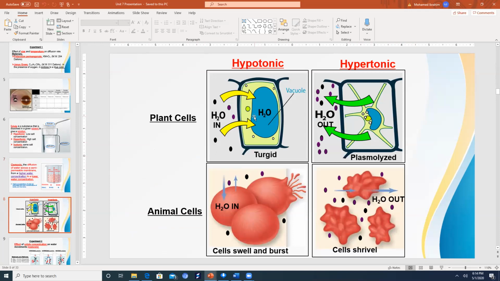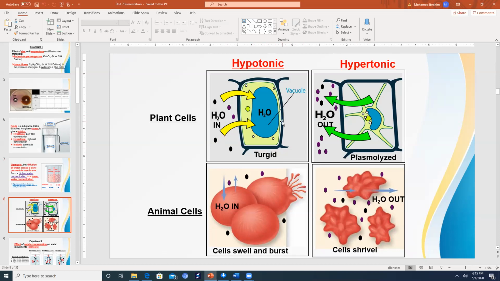When I talk about plant, there are two terms that you need to be familiar with: turgidity and plasmolysis. Those are only associated with plant cells. If you put a plant in a hypotonic solution, meaning you are overwatering your plant, you have lots of water in the soil.